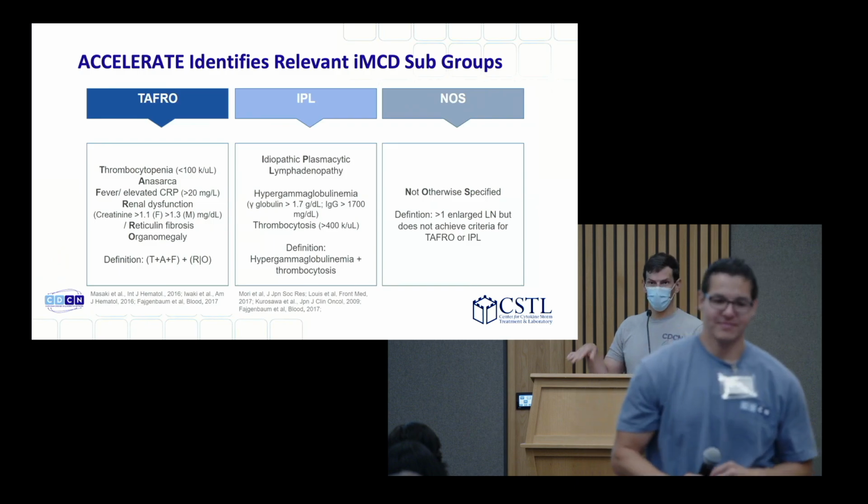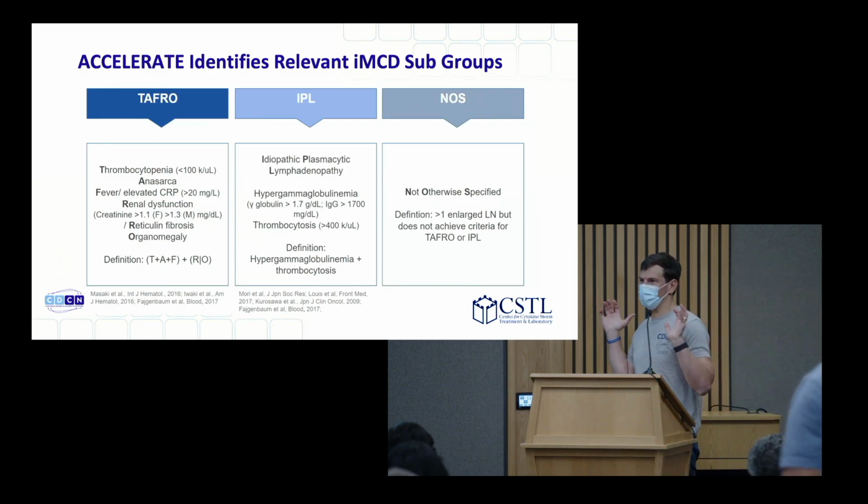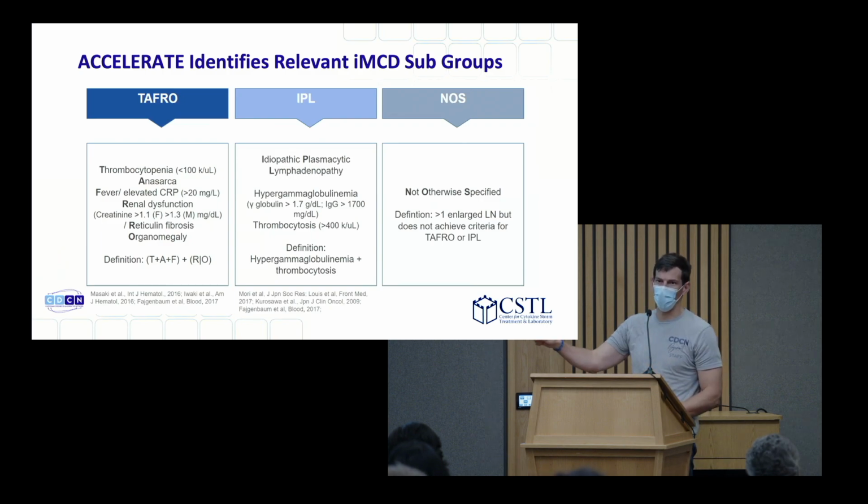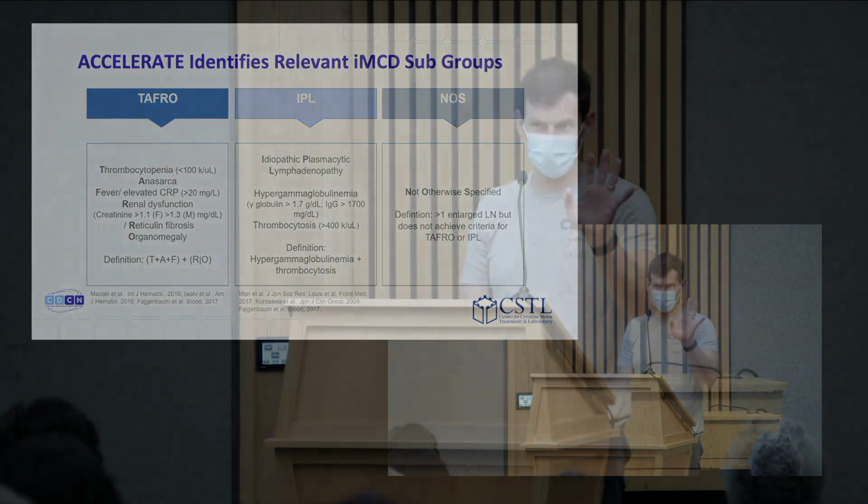Everyone in this room, if your doctor has ever said you have idiopathic multicentric Castleman's, that means you are HHV8 negative, and it means you also don't have POEMS syndrome, POEMS being a cancer of your plasma cells. So basically you needed to have that test done and be negative to be able to say that you could have iMCD. So all of these are HHV8 negative. It's a great question. Cool.